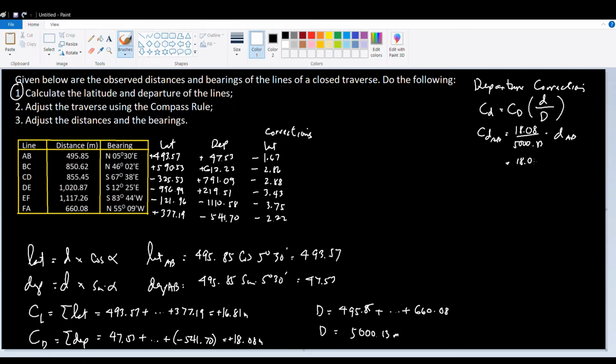So 18.08 over 5,000.13, distance AB again is 495.85, and that should give us 1.79.